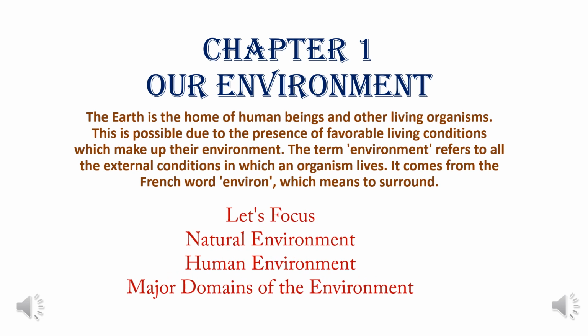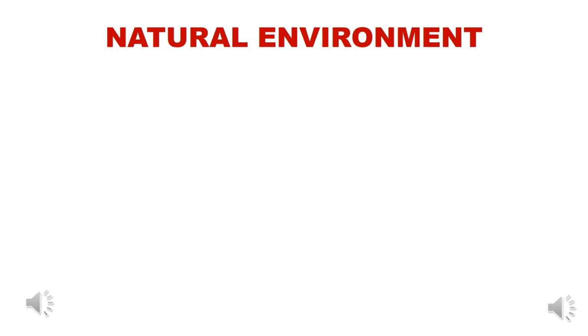So, in this chapter, we'll be studying what is natural environment, what is human environment, and what are the major domains of the environment. What is natural environment? What does it include?